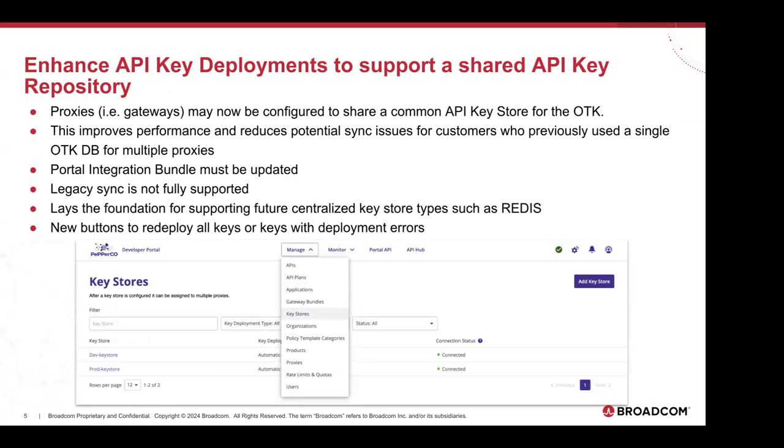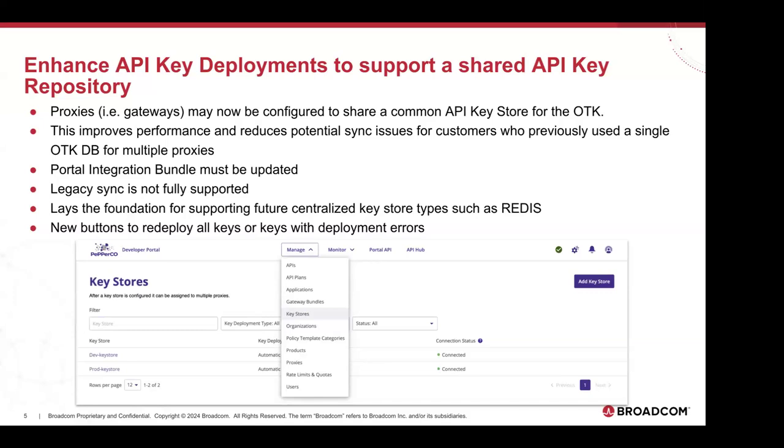We've had some customers in the past that were sharing the OTK database without it being officially supported or recognized by the portal. That worked, but it wasn't the most efficient way, right? Because the portal didn't know that those multiple gateway clusters were actually connected to the same OTK database. So if you had 3 clusters, for example, sharing an OTK database, the portal thought they were all 3 independent.